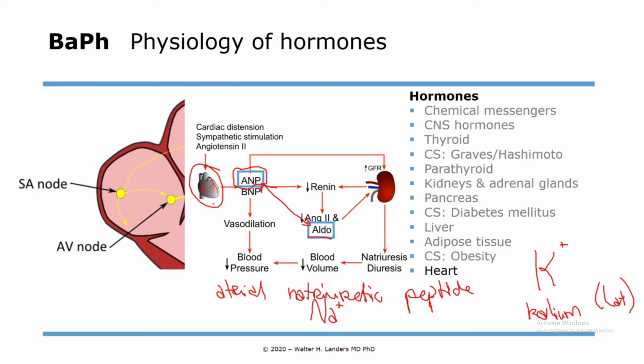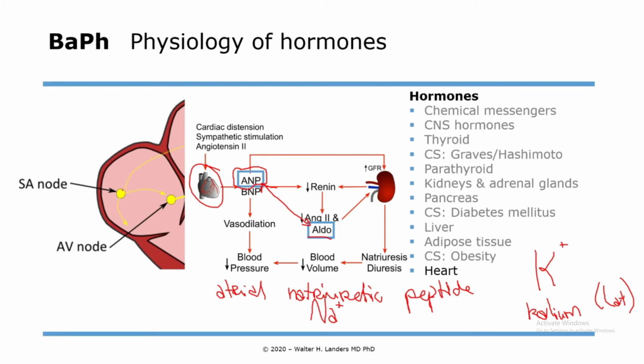In your heart there's something called an SA node, and you guys know that the SA node is responsible for sending signals to the rest of your cardiac conductive system in order to have your heart contract.